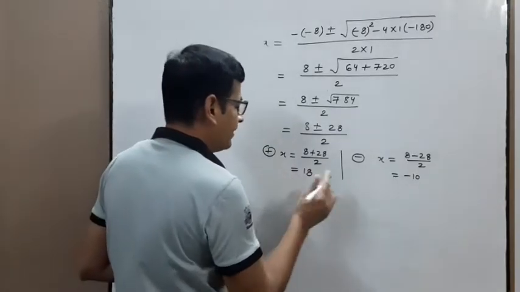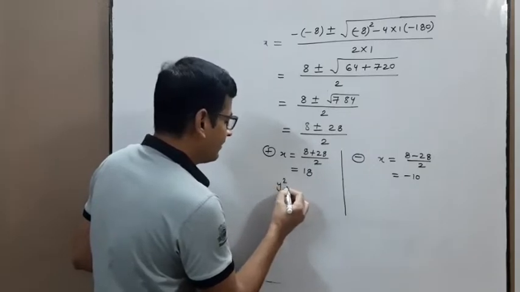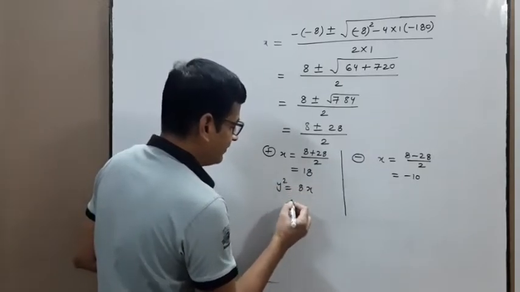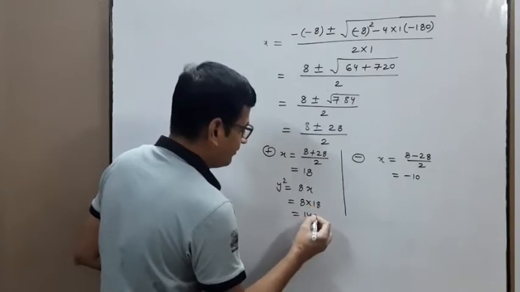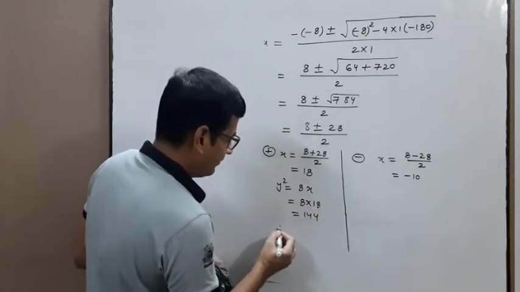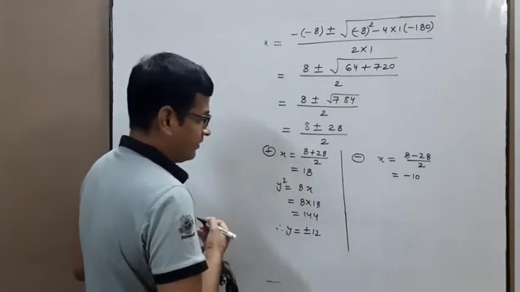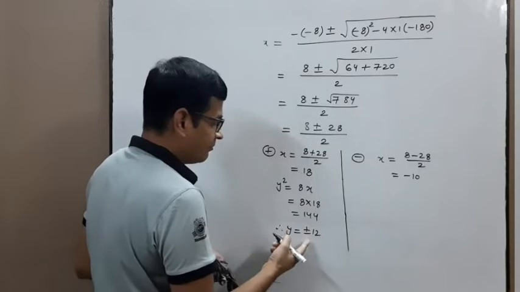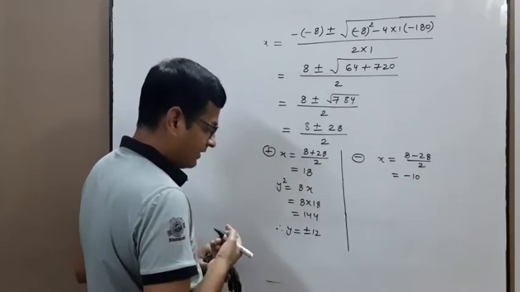Now putting x equals 18 in the equation y square equals 8x. So 8 into 18 is 144. So y equals plus minus 12. So one of the numbers is 18 and the other number is 12. Or one of the numbers is 18 and the other number is minus 12.